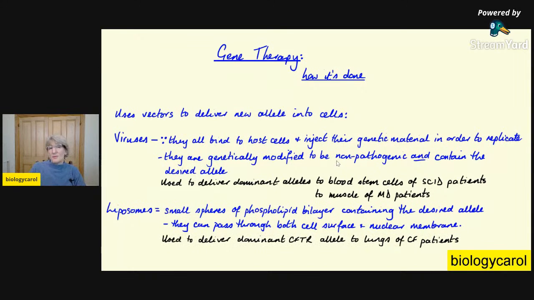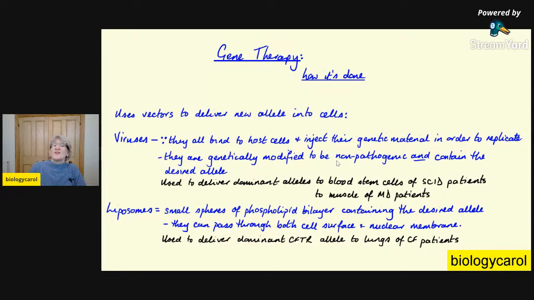And this is the type of vector that is used to deliver the CFTR allele that produces a functioning chloride channel into the lungs of cystic fibrosis patients.